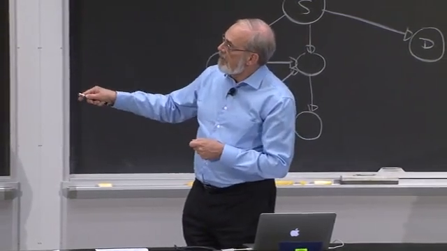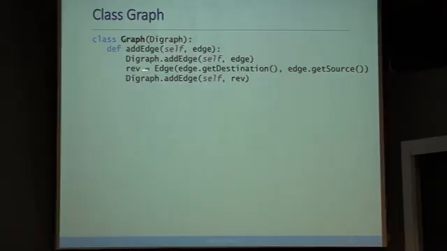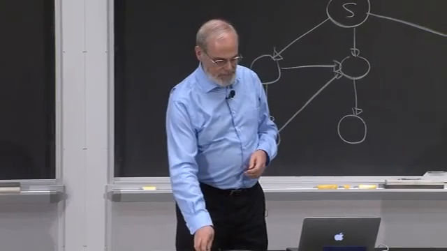So, given an edge that I want to add into this graph, I'll use the method from the digraph class, and I'll add an edge going from source to destination. And then I'll just create an edge the other direction. Destination becomes source, source becomes destination, and I'll add that into the graph. Nice and easy, straightforward to do.